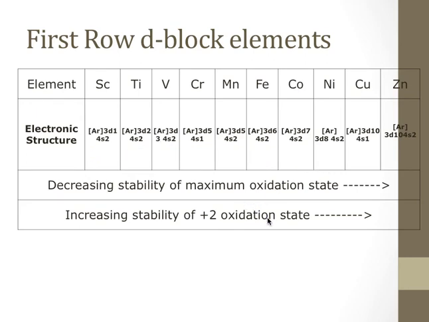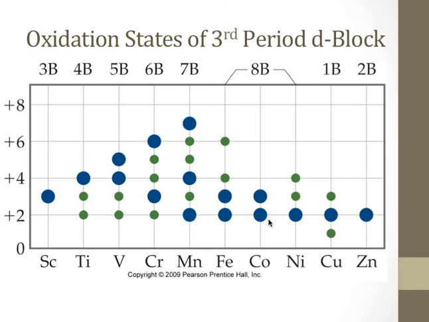Finally getting to a picture. Sorry, there's a lot of text. We can see the blue spheres represent the most common ion for the third period D block. You can see that the most common is the maximum oxidation state, with some other ions also being common for both vanadium, chromium, manganese.